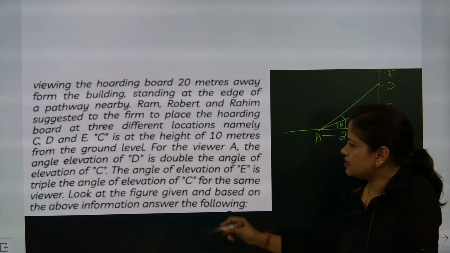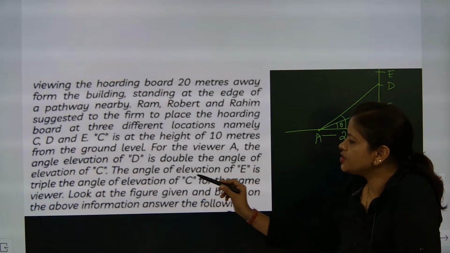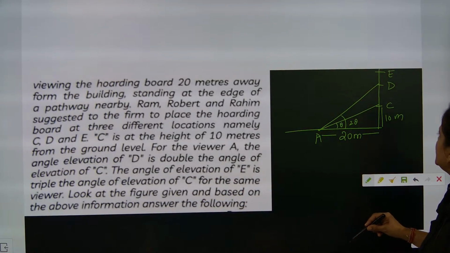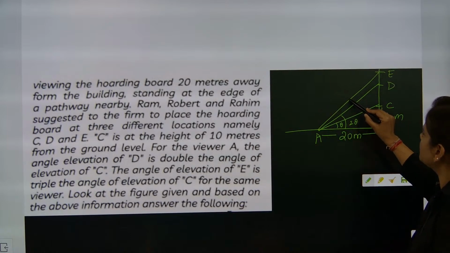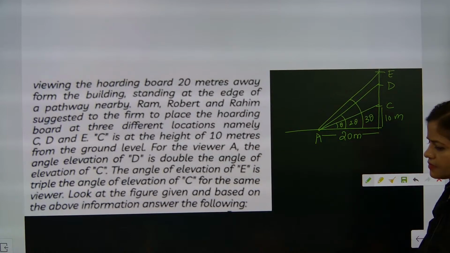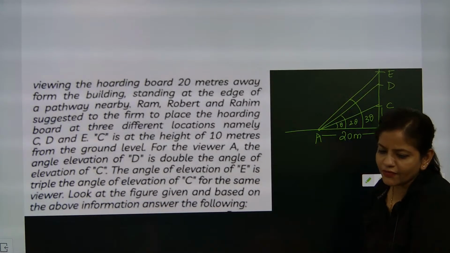The angle of elevation of E is triple the angle of elevation of C from the same viewer, so this will become 3 theta in total. So like this you have to draw.